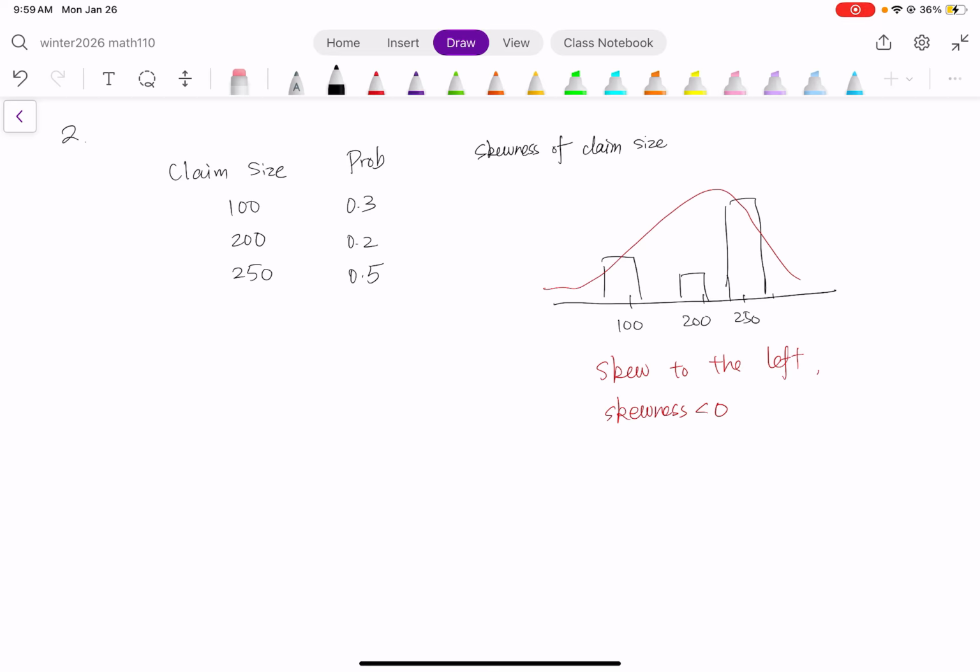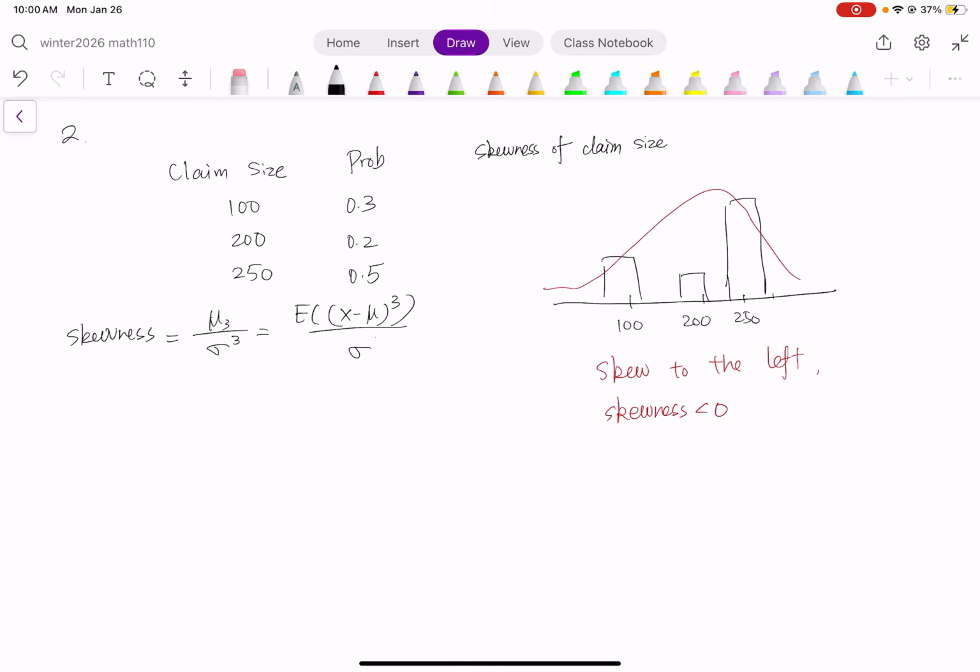In order to calculate skewness, it's mu 3, called a central moment, over standard deviation to the power of 3. This mu 3 is not the average to the power of 3. This mu 3 is the third central moment of the distribution. So skewness equals mu 3 over standard deviation to the power of 3, where mu 3 is the expected value of x minus mu to the power of 3.